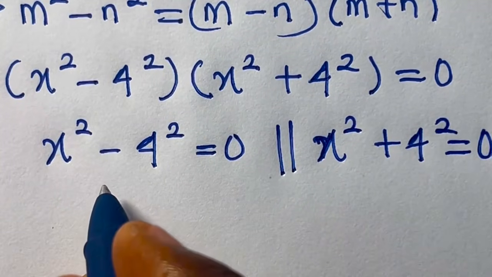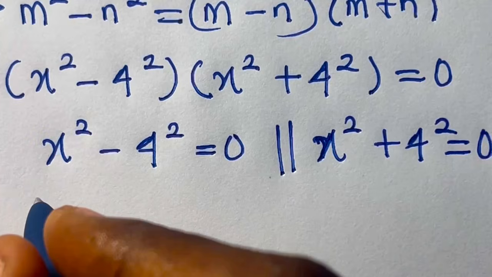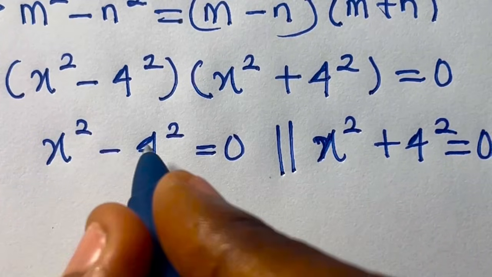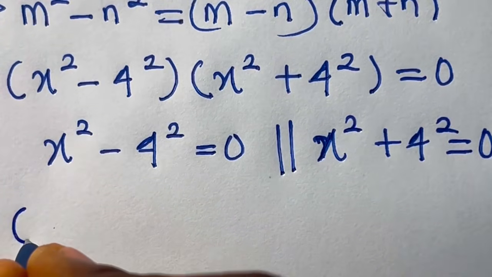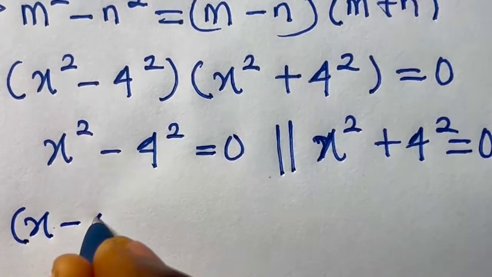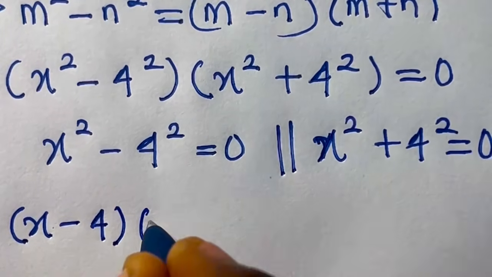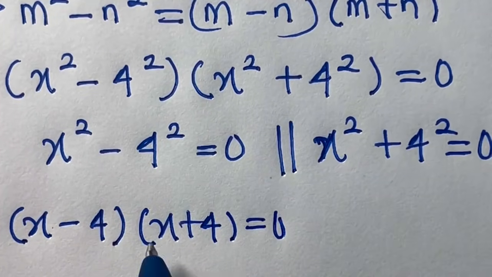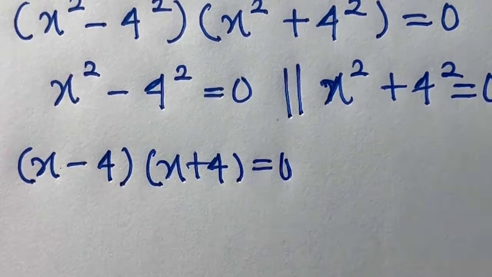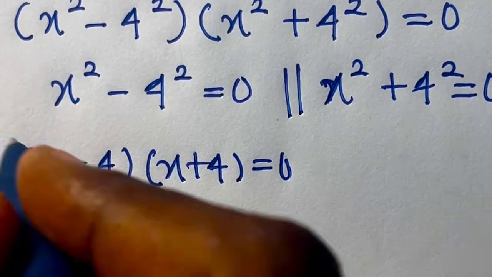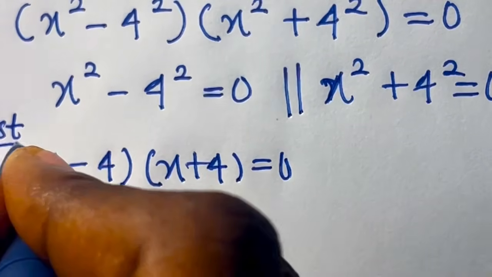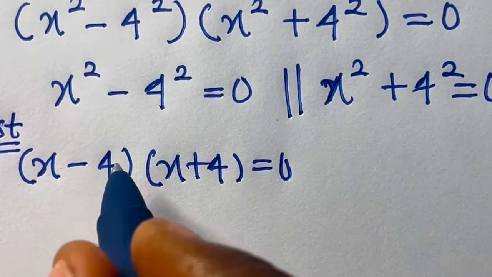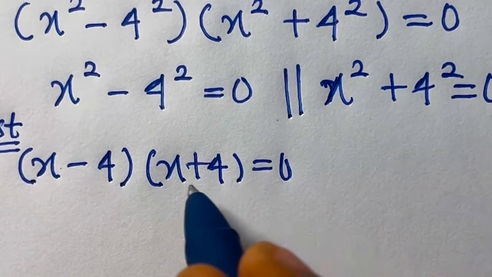From here, we have another difference of two squares. We are going to have x minus 4, then x plus 4 equals 0. Let's first deal with this. Let's say this is the first case. What this means is this equals 0 or this equals 0.